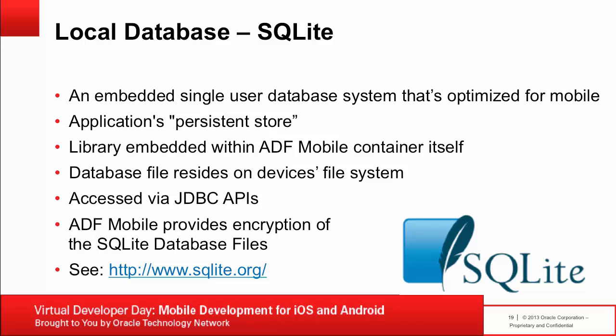Mobile devices themselves do provide SQLite support as well, but encryption typically is not supported out of the box. ADF Mobile, in turn, ensures data security by providing the extra database encryption layer out of the box. Please see the www.sqlite.org website for details of SQLite, its limitations, and supported data types.